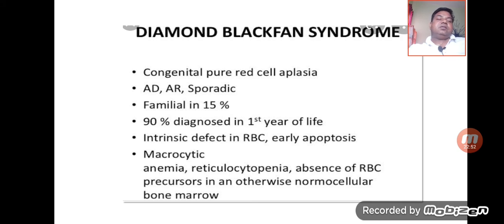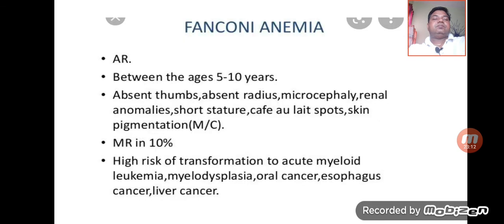There is an intrinsic defect in the RBC that leads to early apoptosis of the premature cells. The patient will have macrocytic anemia, reticulocytopenia, and absence of RBC precursors in an otherwise normocellular bone marrow. These are the findings we can see in Diamond-Blackfan syndrome.